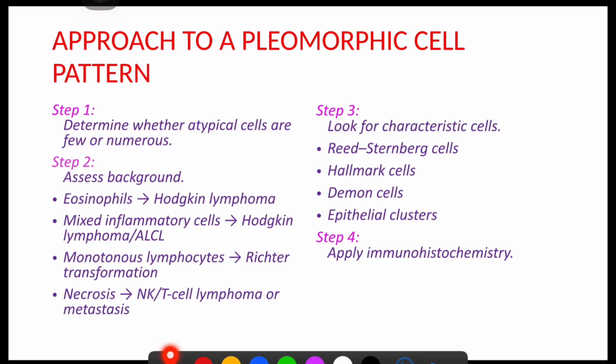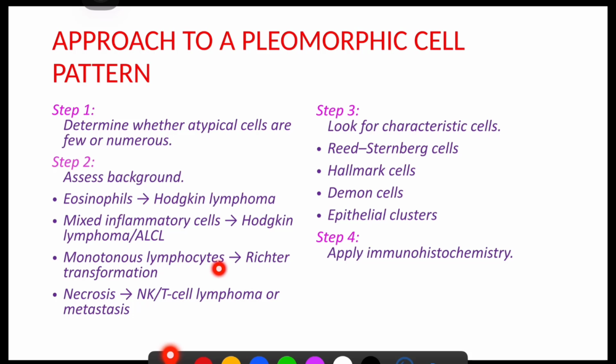Now, how to approach a polymorphic cell pattern? First step is to determine whether atypical cells are few or numerous. Second step, assess the background. If eosinophils are seen, think Hodgkin's lymphoma. If mixed inflammatory cells, then either Hodgkin's lymphoma or ALCL or anaplastic large B cell lymphoma.